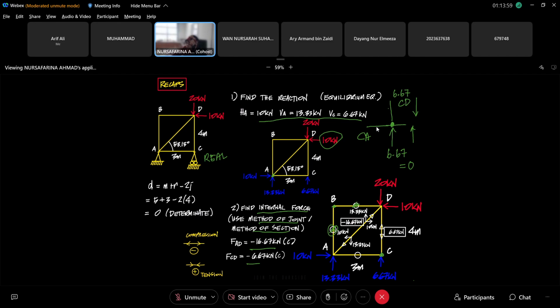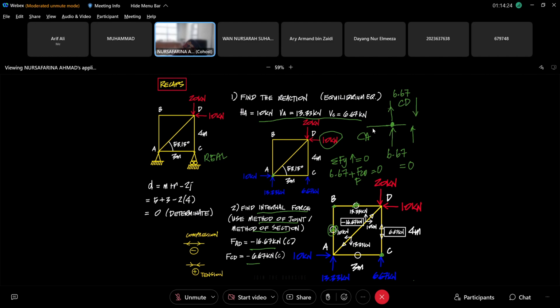Or you can use the same method of joint. Memang you akan buat macam ni. Kalau method of joint biasa, you akan assume macam ni. So you akan tulis summation FY equal to 0. And then you akan buat 6.67 plus FCD equal to 0.